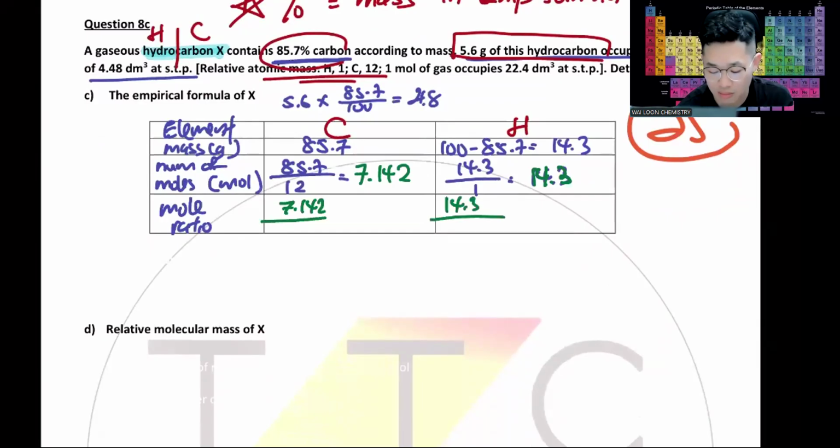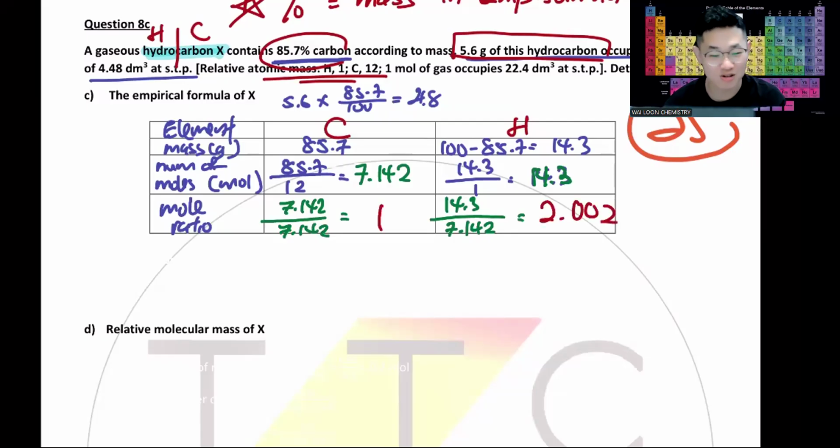Divide by the smaller number, 7.142. Your teacher says it needs 4 decimal places, but at least 3 decimal places can also. Usually we take 3. Well, your teacher is too particular already. Okay, this one we get 2.002.